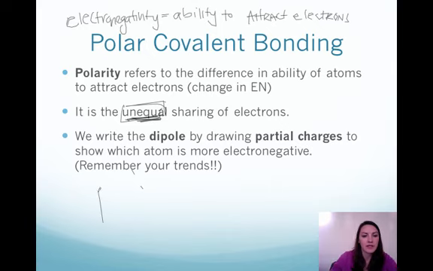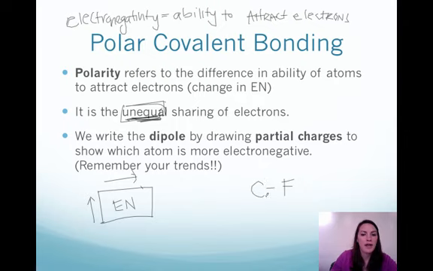So I'm going to draw my trend for electronegativity. It increases going up and over. Okay, so if I have, for example, something like fluorine, and bonded to it is a sodium atom, or no, let's do carbon, a CF bond.